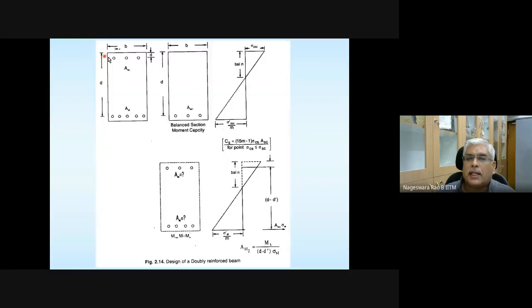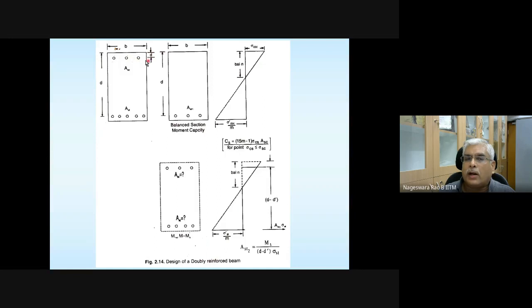The lever arm here is the effective depth. The additional tensile steel that you are providing is going to form a couple with the compression steel. Compression steel depth is D prime from the top.